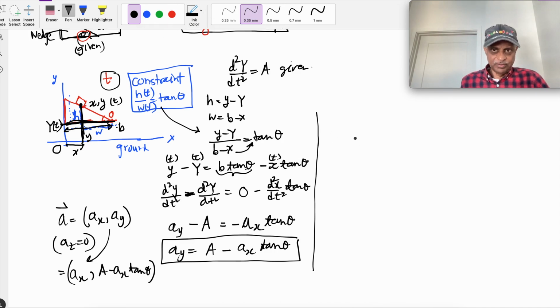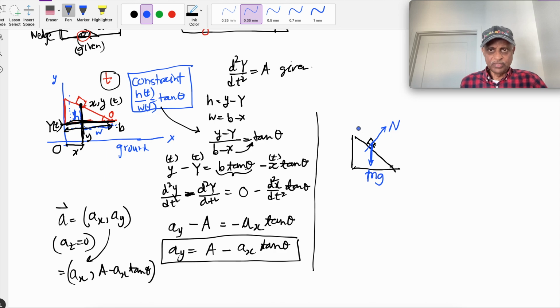So let's draw that wedge here again. On that wedge, you already know this. The wedge will give a push 90 degrees to that. There will be normal force, and there will be gravity, little mg.